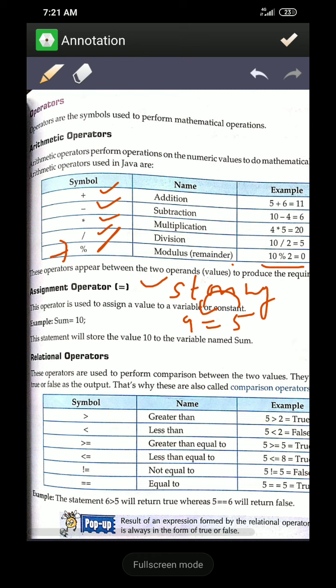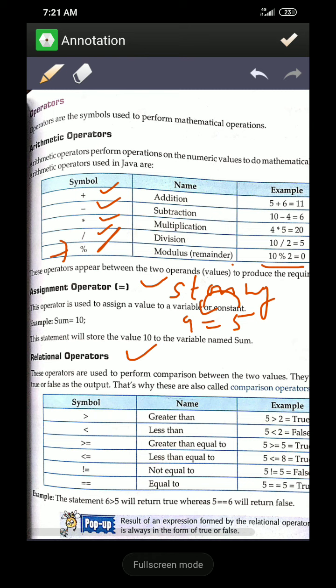The equal sign is the assignment operator, and assignment means storing, so 5 is going to be stored into memory location a. Listen to me very carefully: the assignment operator means storing a value into the memory location.